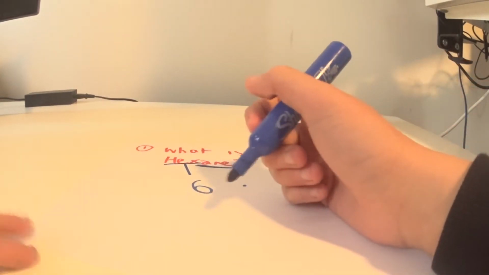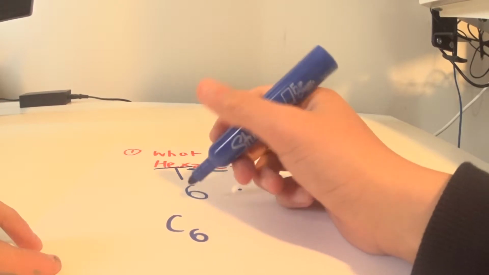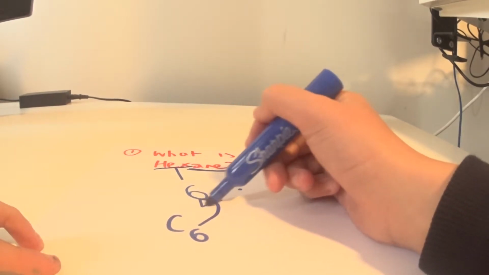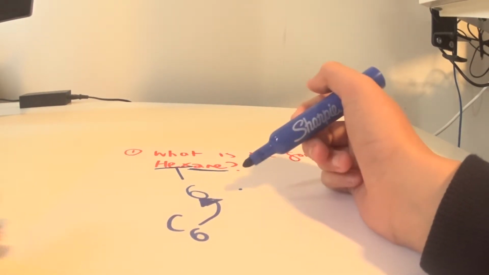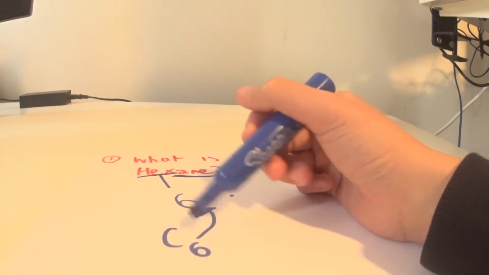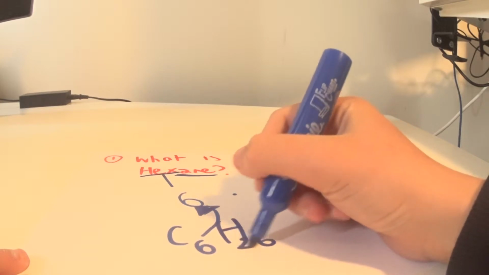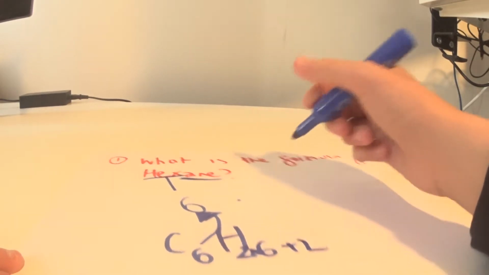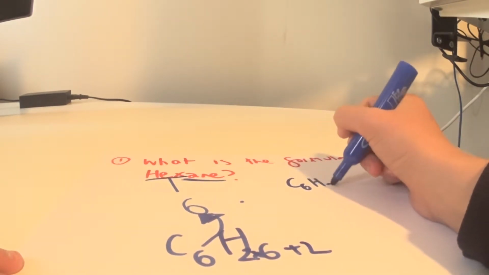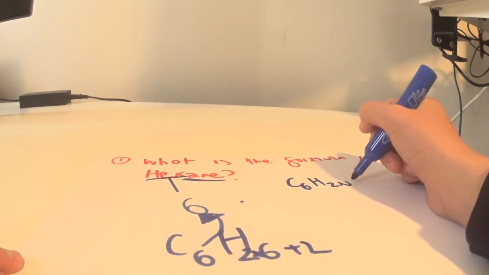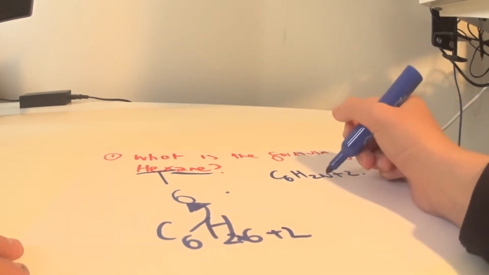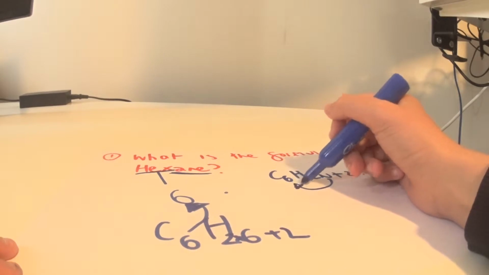So essentially, C6 comes here, 6 goes here. So C6H, 2 times 6 plus 2. Just remember, CnH2n plus 2. So n is going to be the 6 here.